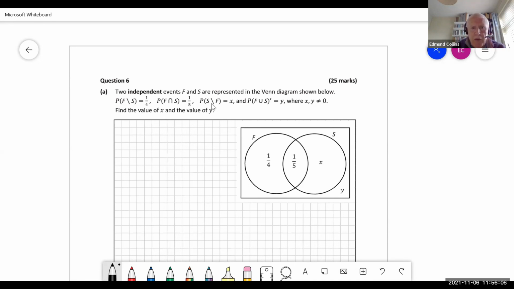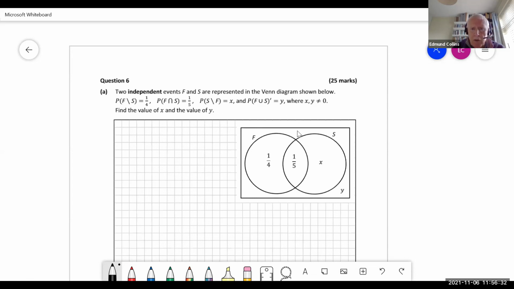And the probability of S not F equals X. And the probability of the complement of F or S: F or S would be everything in the two circles and the intersection.